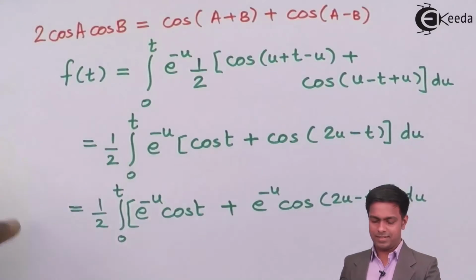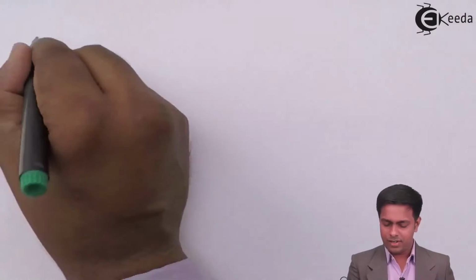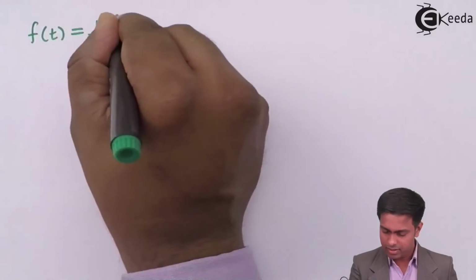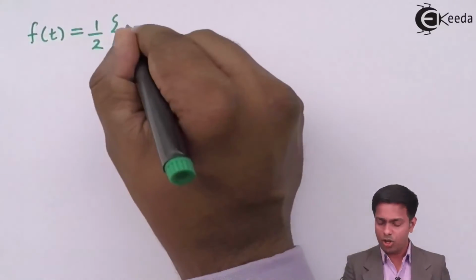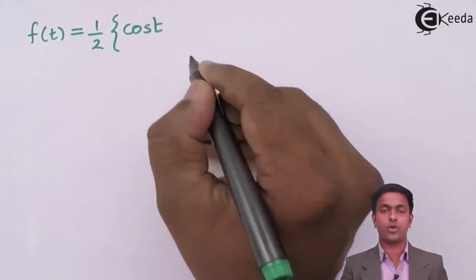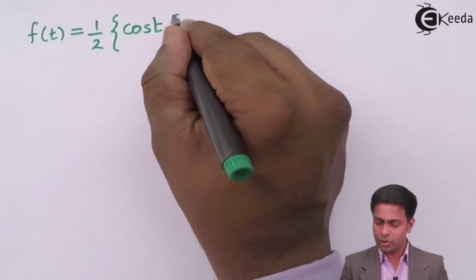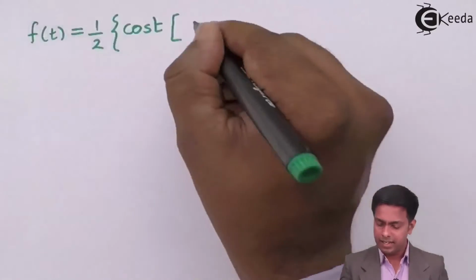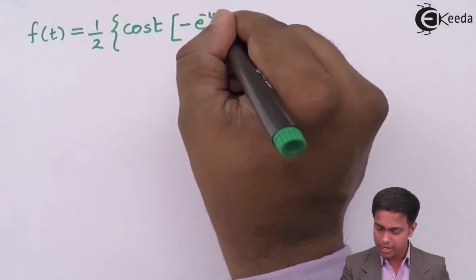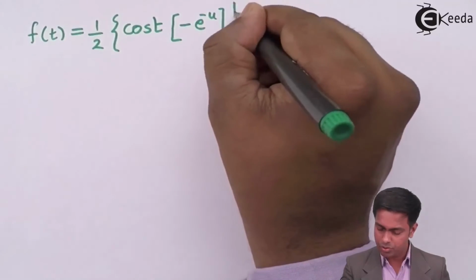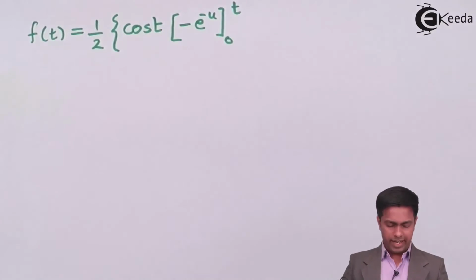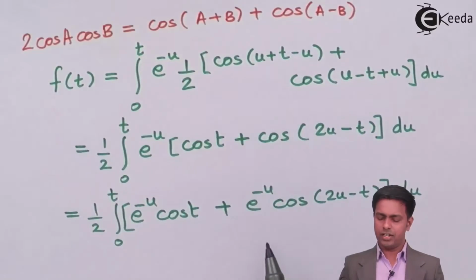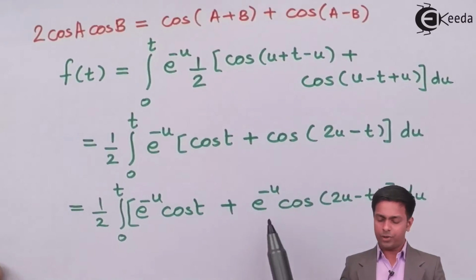So guys, here for f of t, half outside, inside the curly bracket, cos t is outside since it's constant, and integral of e to the power minus u here is negative e to the power minus u, and that is from 0 to t.